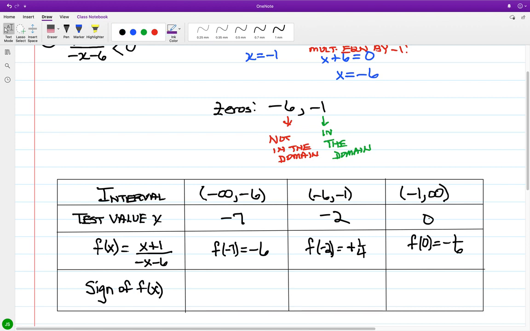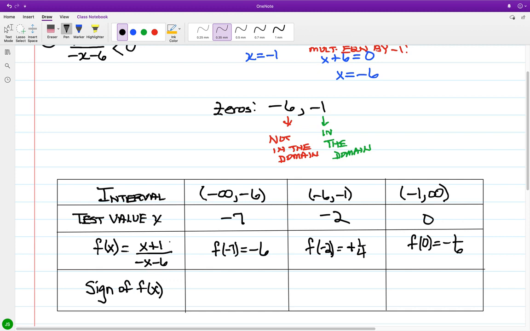And so plugging each of the quantities, the -7, -2, and 0, into f of x equal to x plus 1 over -x minus 6. Now with -7: -7 plus 1 would be -6. For the negative of -7, that would be positive 7, minus 6 is going to be 1.